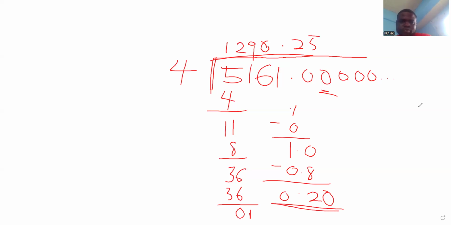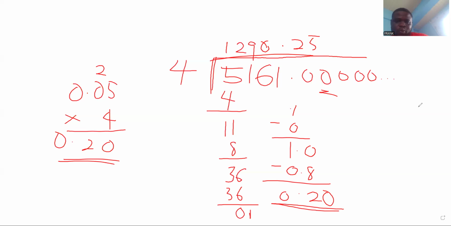So 0.05 times 4 is 0.20, like we have here. This is the actual reason why we bring our decimal point to the quotient side.